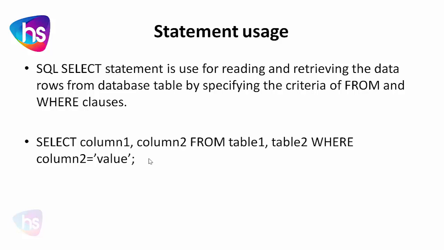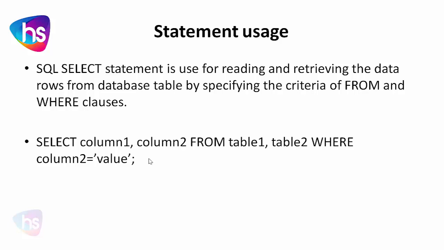FROM table is required, whereas to filter the data rows based on our condition, the WHERE clause is required. The statement could be SELECT column FROM table, it may be multiple tables, WHERE column, and we pass the column name as well as the data for which rows we are going to filter.